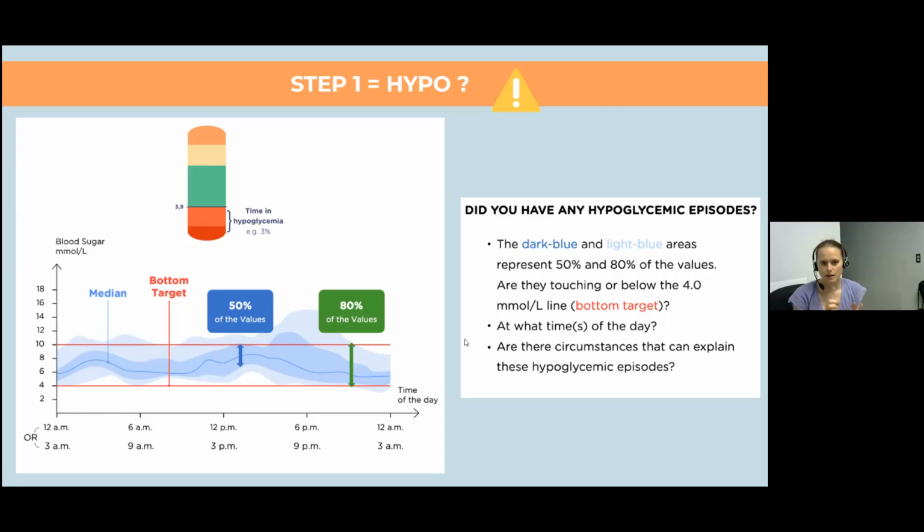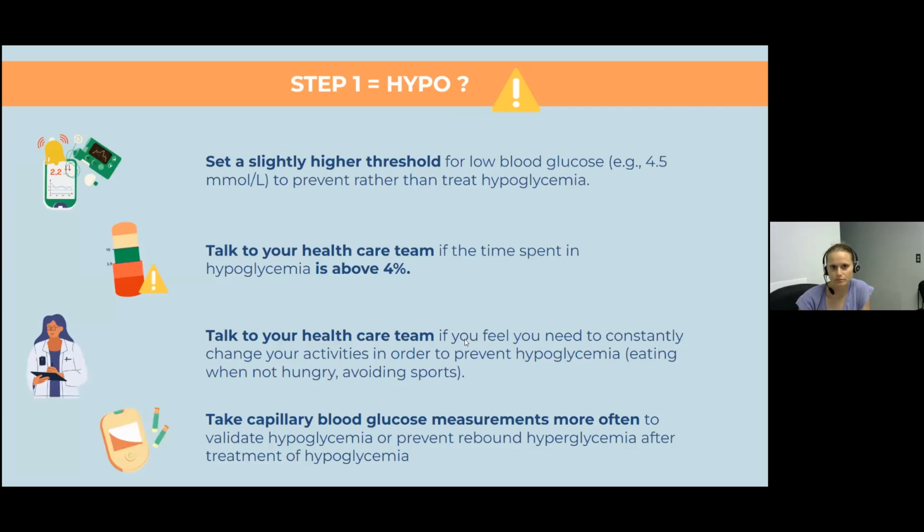Are there certain periods of time during the day where you have more hypoglycemia? If you look at this report, you can tell that maybe between 6 and midnight, the line of the 10th and the 25th percentile is close to the hypo zone, sometimes touching it. So that gives us an indicator: that's a period where I have more hypo.